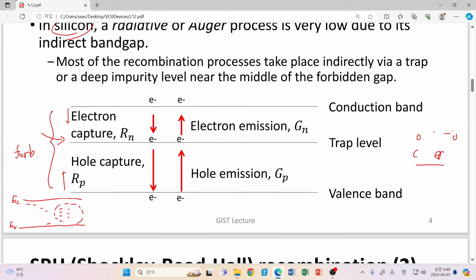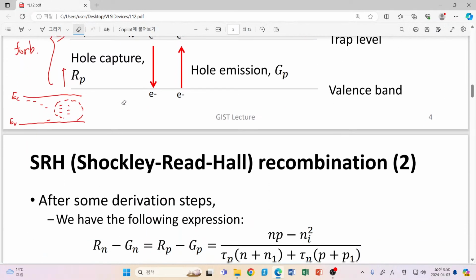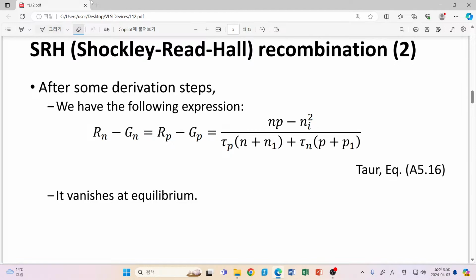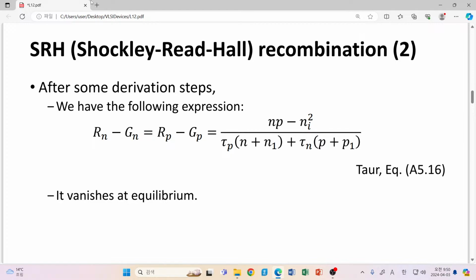Okay. So now, if we have sufficient time, then we would start the derivation of the SRH recombination model. However, unfortunately, we are not that prepared, so I will just directly introduce the final form of the SRH recombination expression.